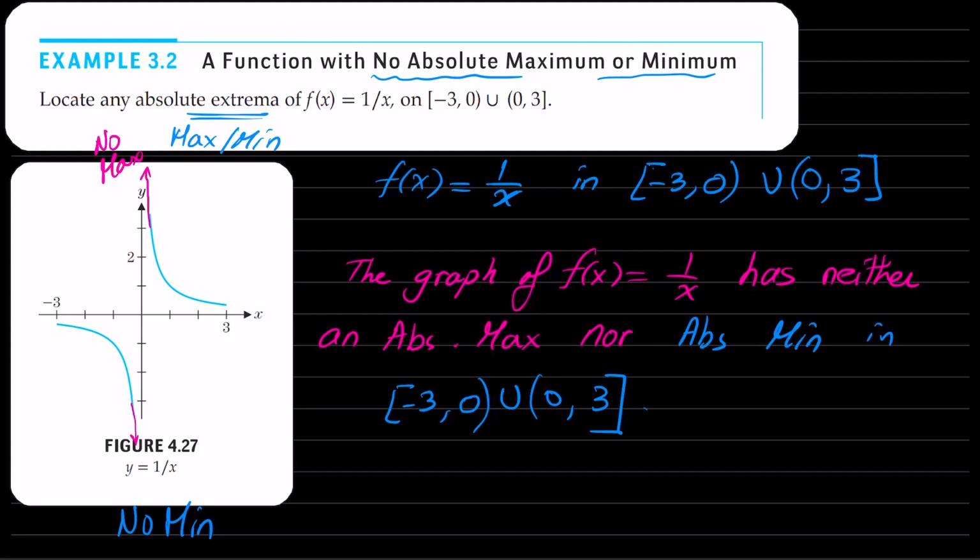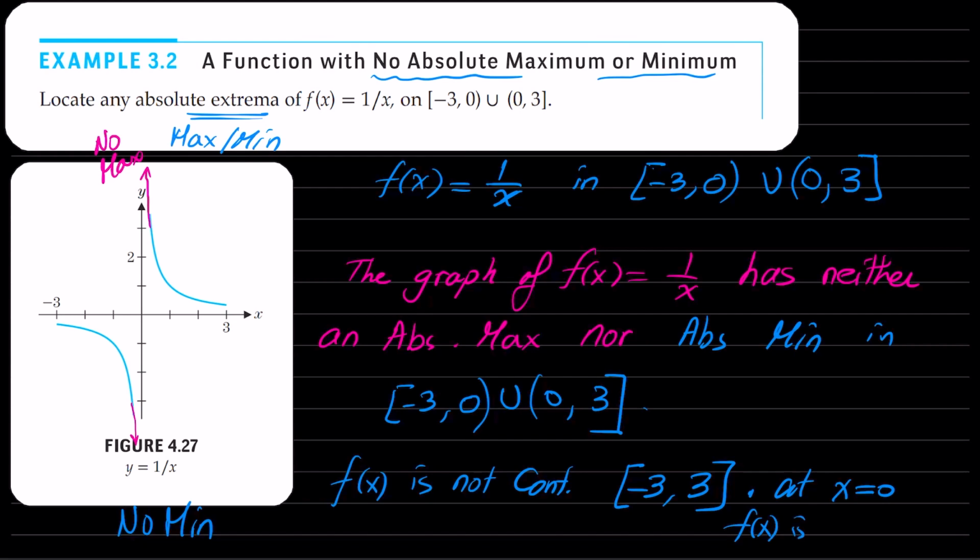Also, we can notice that f of x is not continuous on the interval -3 to 3, at x equal to 0. f of x is discontinuous, so we can't say anything about this function.